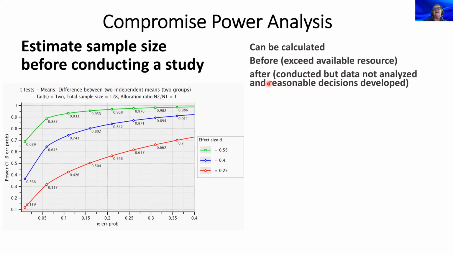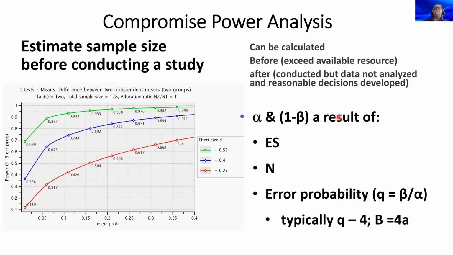It can be conducted after, and the data aren't analyzed, but reasonable decisions are being developed. So we see that alpha and power are a result of the effect size and the error probability, which is q. So type 2 error and type 1 error.